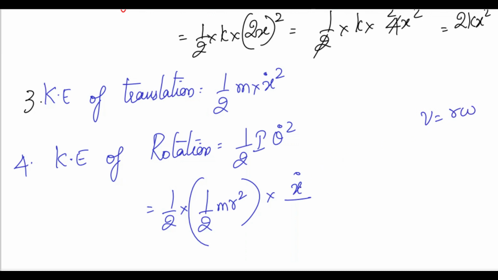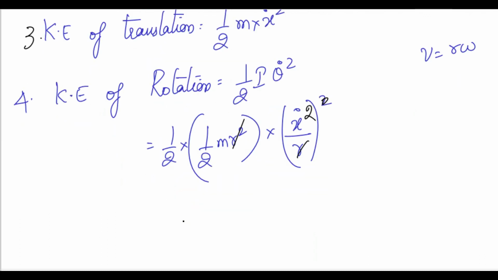So v is x dot and r is the same, x dot by r, the whole square. So this is the thing which they have given over here. This r square and this r square will get cancelled, so x dot square. So half and half is 1 by 4. So finally it would be 1 by 4 m x dot square.